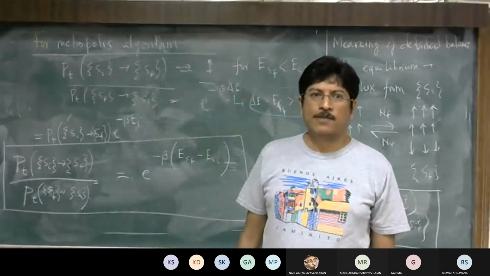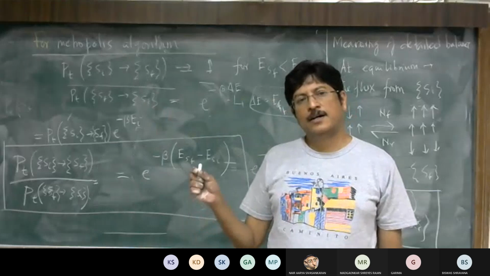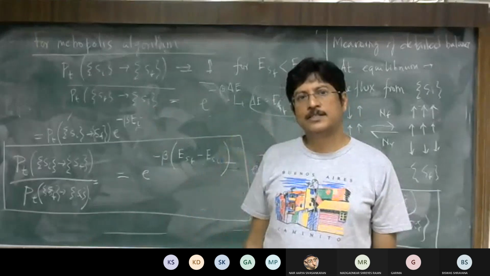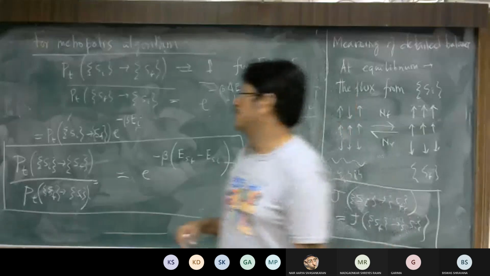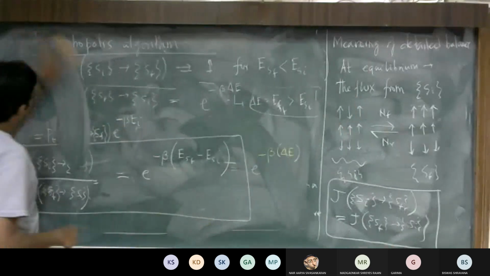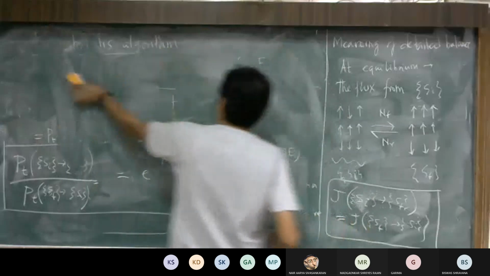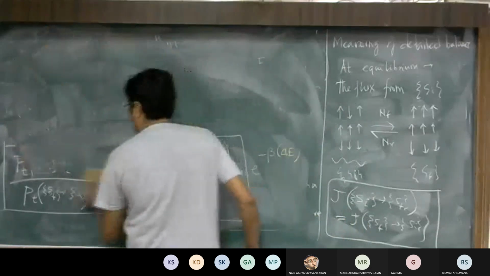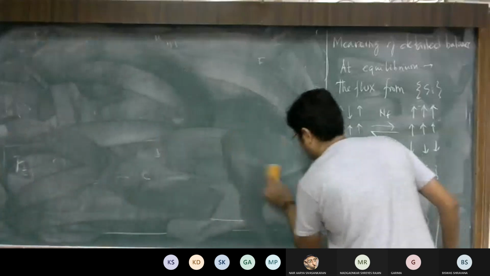Remember, our original goal was to look at the nature of the phase transition, how magnetization as a function of temperature behaves. So you want to use this simulation to reproduce the equilibrium characteristics of magnetization as a function of temperature.